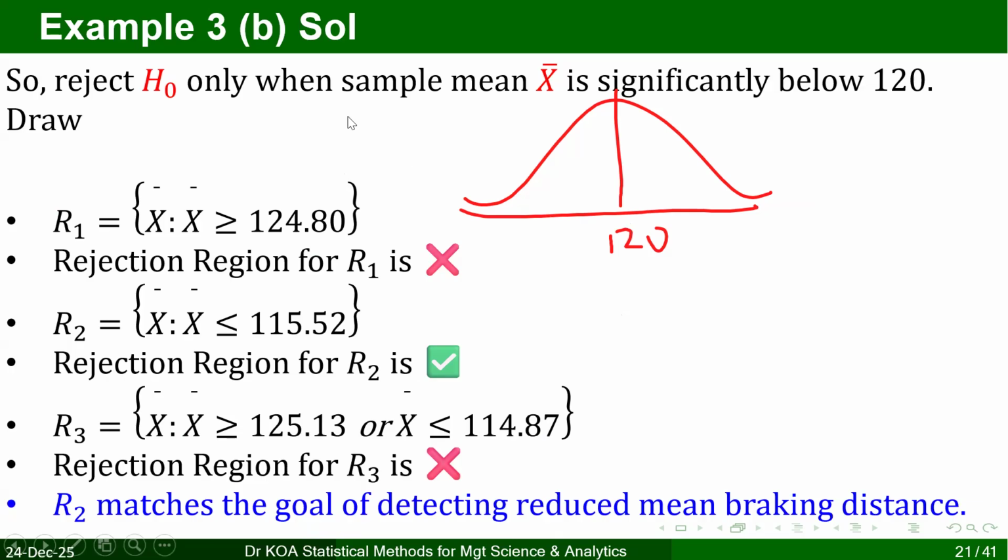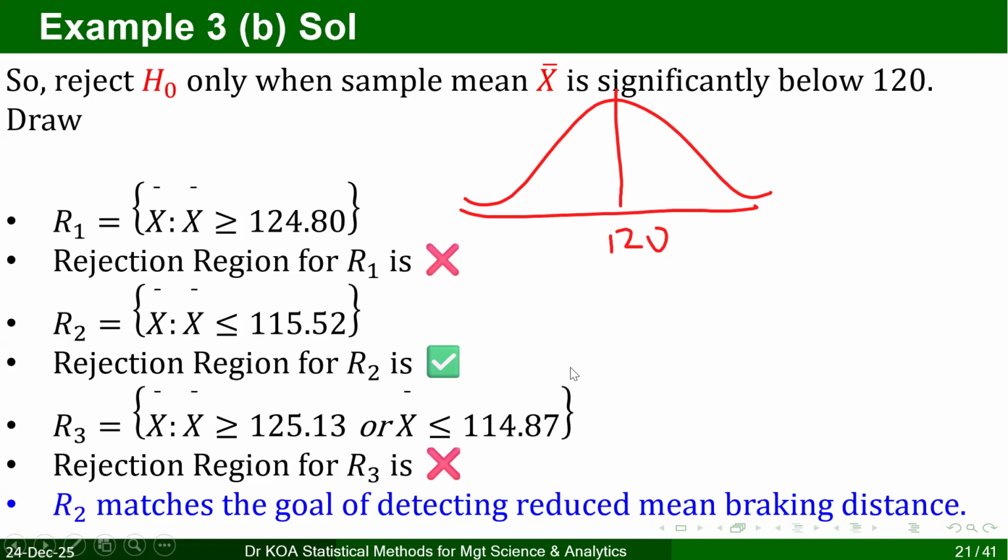We are rejecting only when the sample mean is below the 120. If you remember the alternative, for the current braking system to be wonderful, it has to be below 120. So when you look at these numbers, the question becomes which one of them is below 120? Now, this one would have been good, but the fact that he has brought the 125 on top of it makes this last one bad.